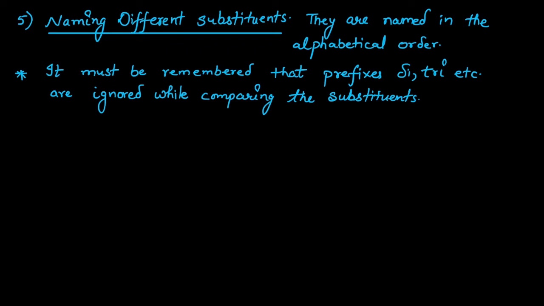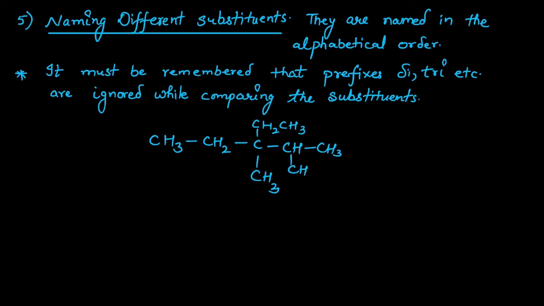We will name them according to alphabetical order, irrespective of the prefixes di, tri or tetra. Now let's understand this rule by taking the following example. Now we are selecting this as the longest carbon chain.